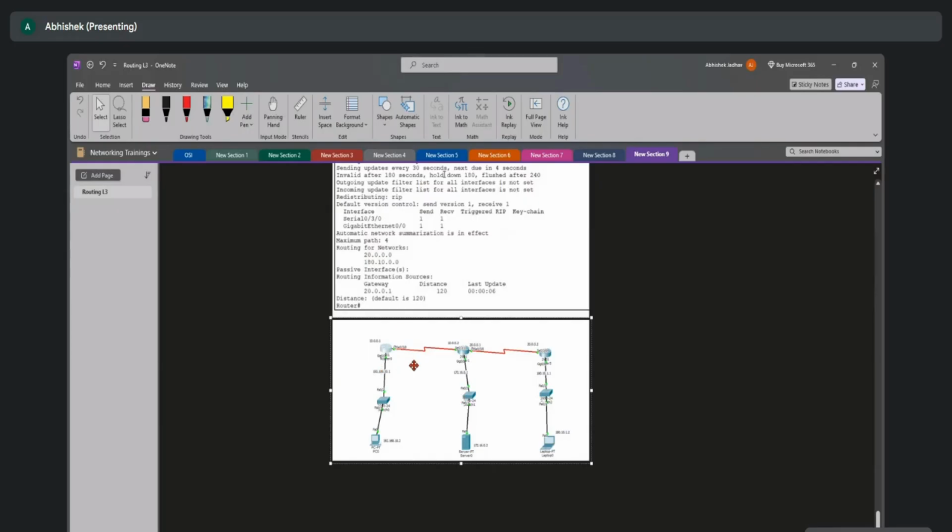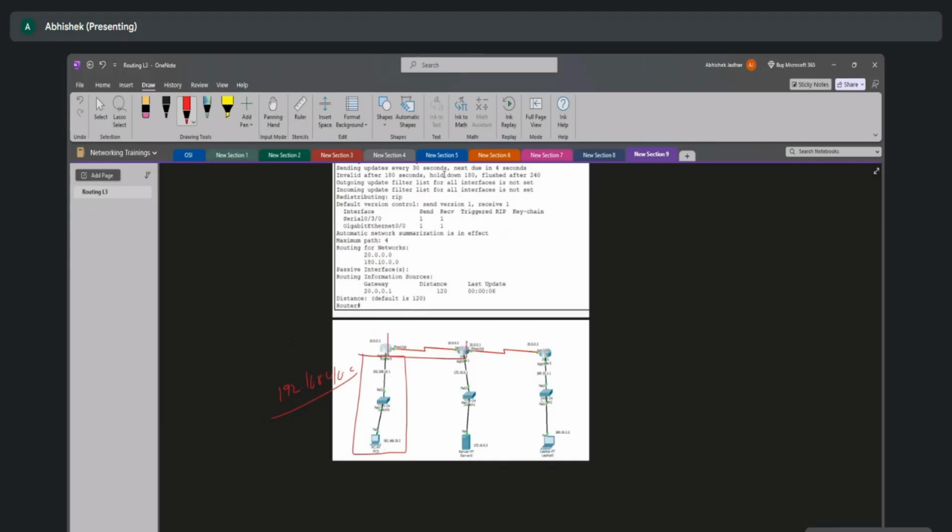The routing protocol enables us to create a route between these different subnets. So here, if you see, this particular subnet is in the 192.168.10.0 network, right?